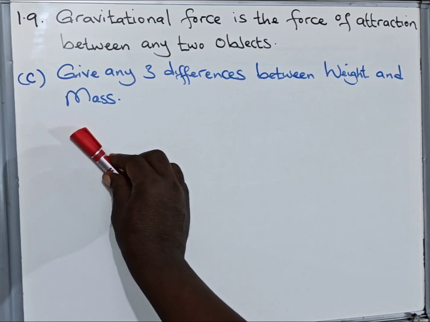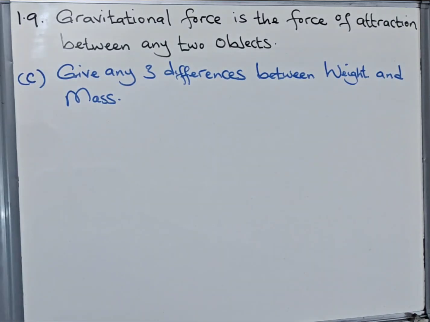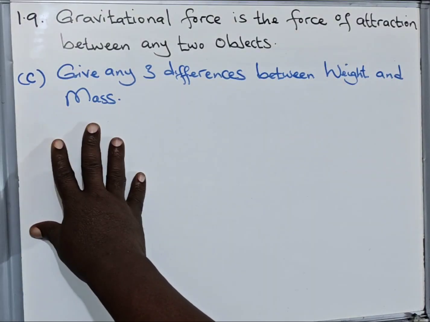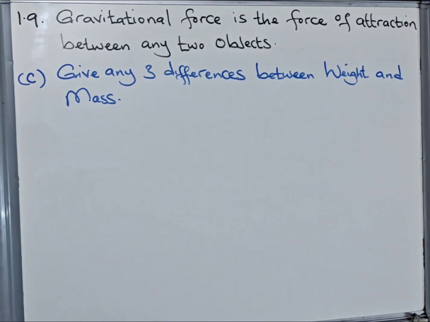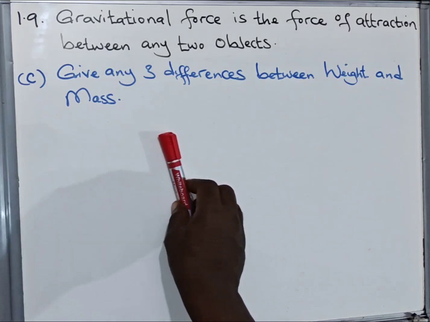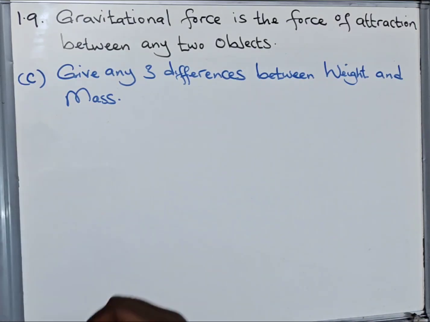Then we come to this one. It says, give any three differences between weight and mass. The first difference is the definition itself. What do we call mass? Mass is the quantity of matter in an object, while weight is the gravitational force, or the measure of the gravitational force acting on an object.